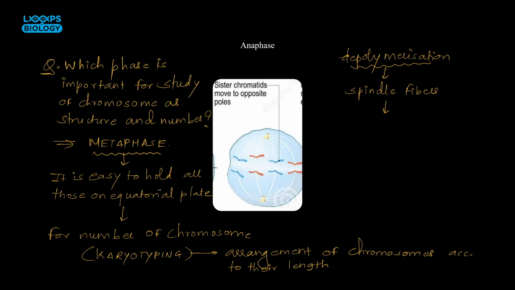As the length increases, your pulling force will decrease. To increase the pulling force, we have to shorten the length of a rope, and the length of the rope is shortened because of depolymerization. This creates more pulling force, and then the chromosomes are separated and moved to the respective poles. Easy. That is nothing but a case of anaphase. It is the easiest phase of the complete cell cycle.